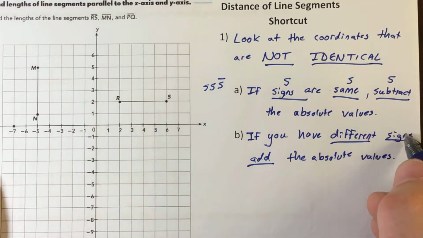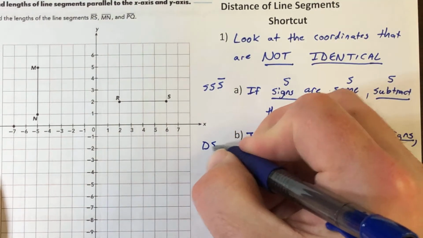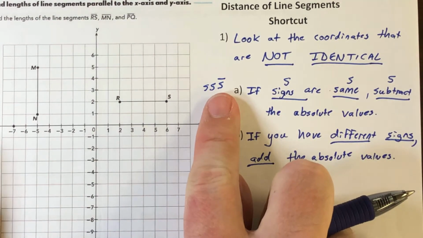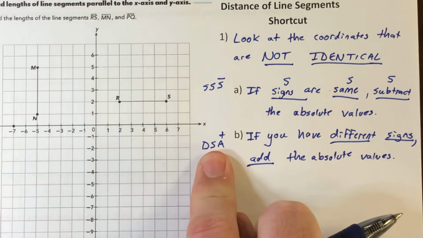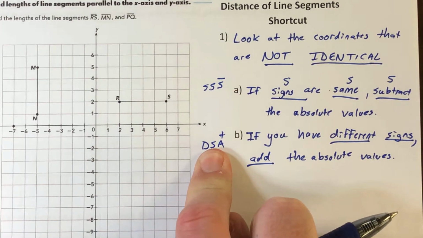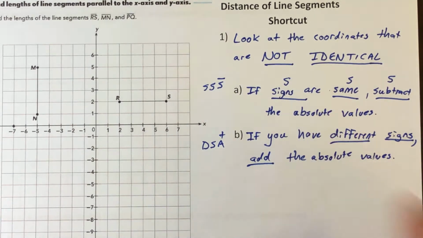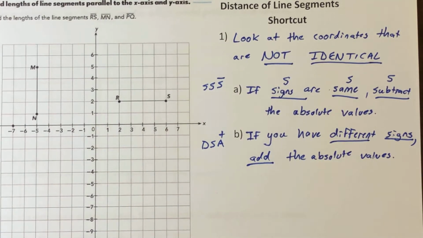So, different signs add, DSA. The easiest one to remember is the SSS. You're going to subtract, then for different signs, you're going to add them. Again, you're subtracting or adding the absolute values. So let's go over a couple examples of what that looks like.